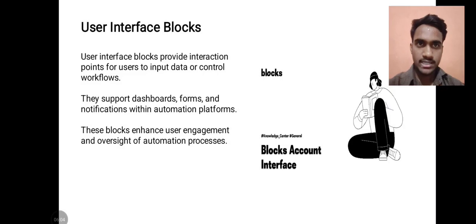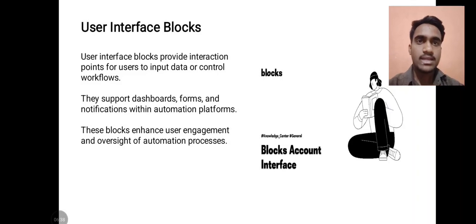Next, user interface blocks. User interface blocks provide interaction points for users to input data or control workflows. They support dashboards, forms, and notifications within automation platforms. By using the interface blocks, the structure and way are provided. By seeing the interface, we can observe exactly what we do without unnecessary things.